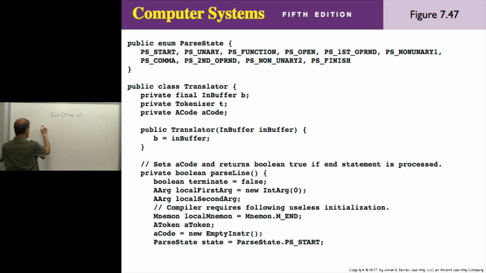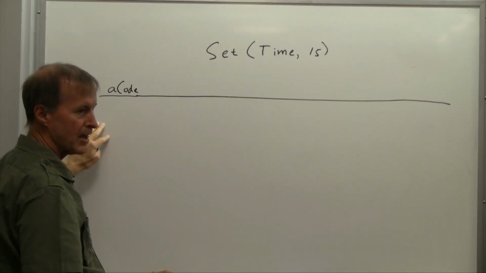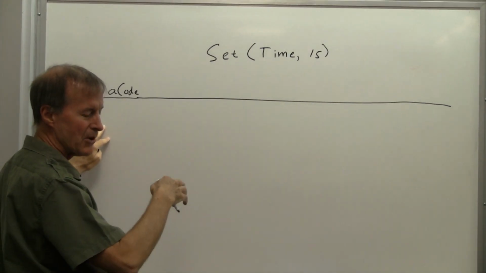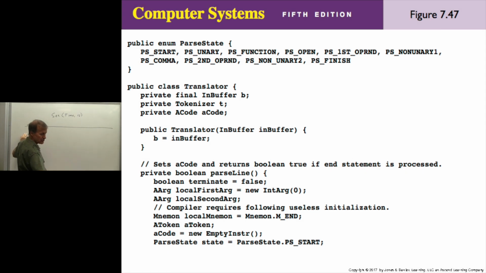So here, let's do a little partial trace. And so here we have A code. I'm going to be kind of symbolic about this. A code. And then for the local variables for parseLine, we have terminate. And then what do we have next? Local first arg.